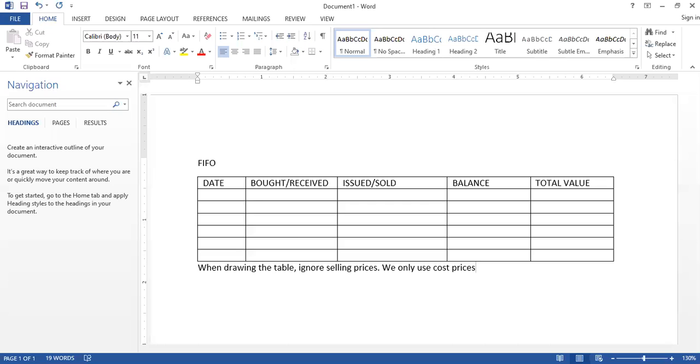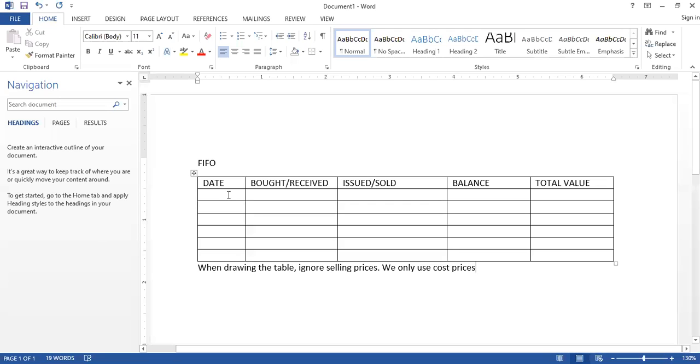We value inventory according to cost prices. That's why when you draw up this table, you do not use the selling price. You totally ignore it. You only use the selling price when you are told to calculate your selling price, and that will come at the end of the session when you're done doing the examples.